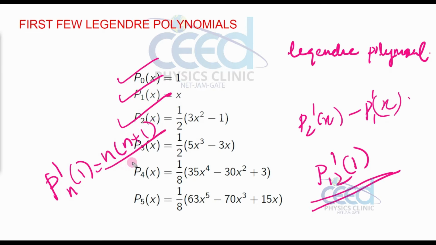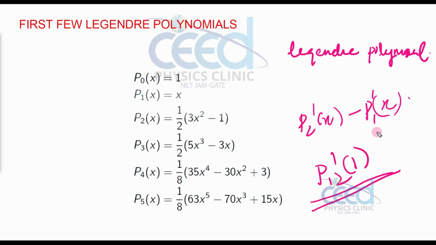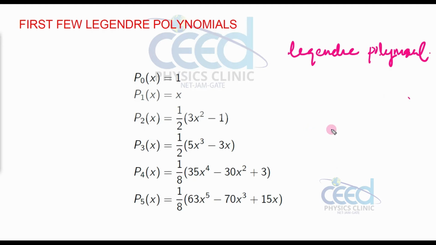So you may directly substitute n is equal to 12 here, and we have seen different recurrence relations to calculate the derivatives. Keep all that in your mind, and today we can represent all these functions graphically. How can we represent these functions graphically? Before coming to that, let us see what is the nature of the different polynomials.